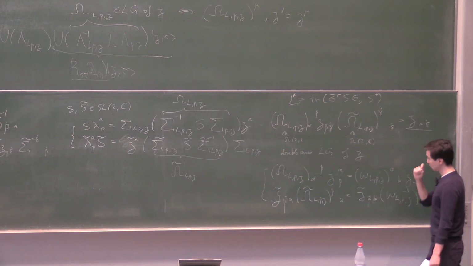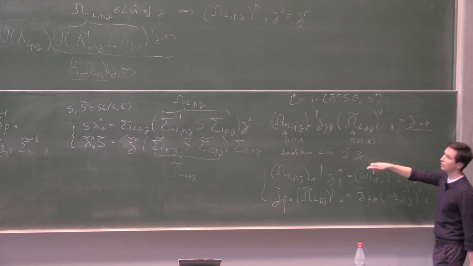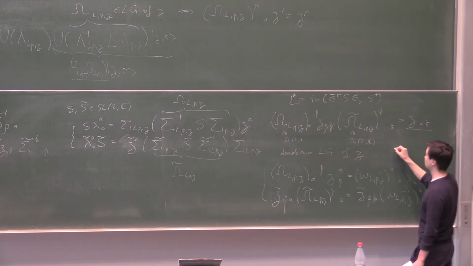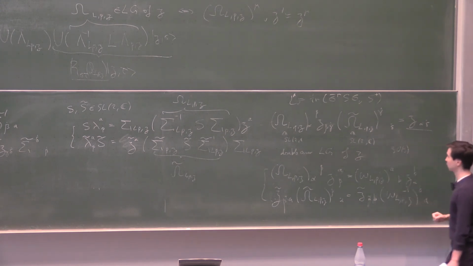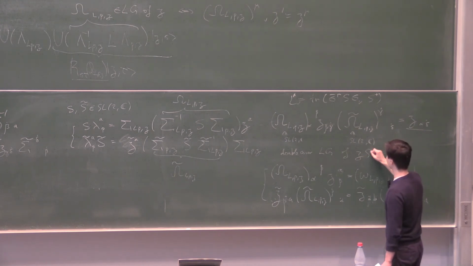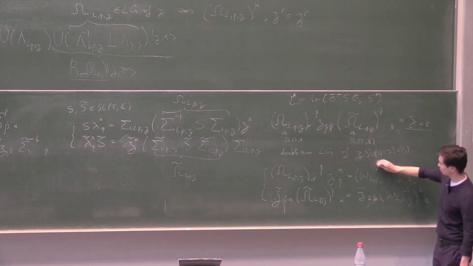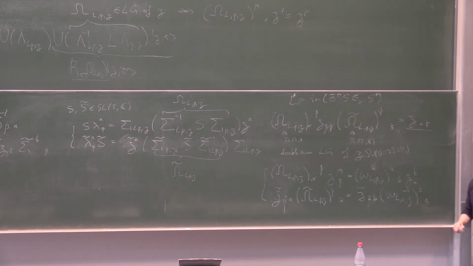And well, of course, the little group of zeta, in the massive case, is SO3. Its double cover is SU2. So these matrices actually are SU2 matrices.